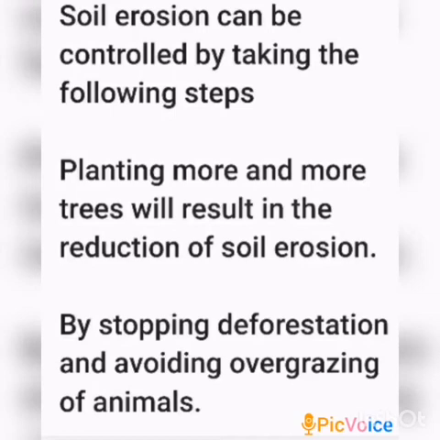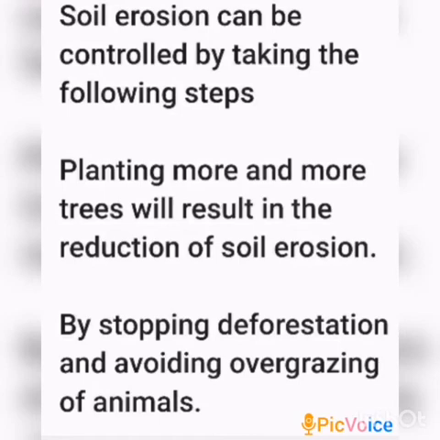First one, planting more and more trees will result in the reduction of soil erosion. By stopping deforestation and avoiding overgrazing of animals.